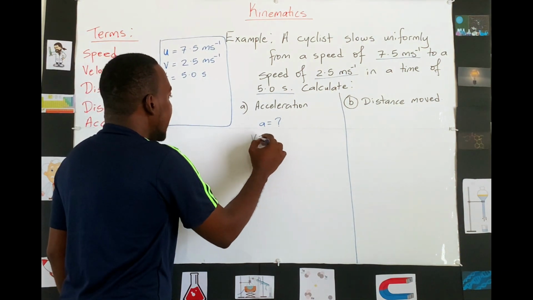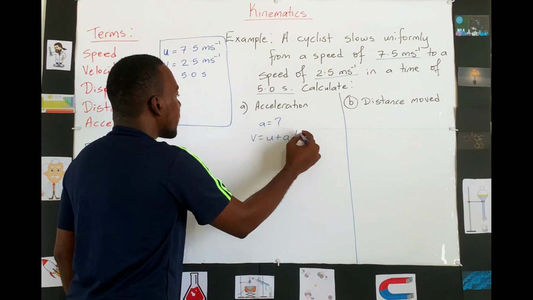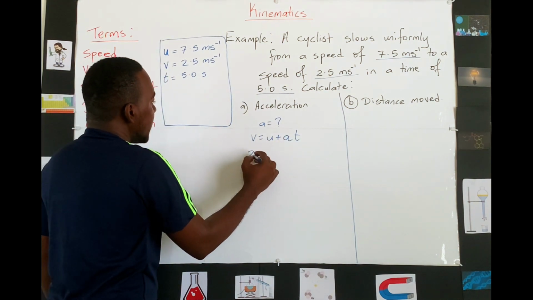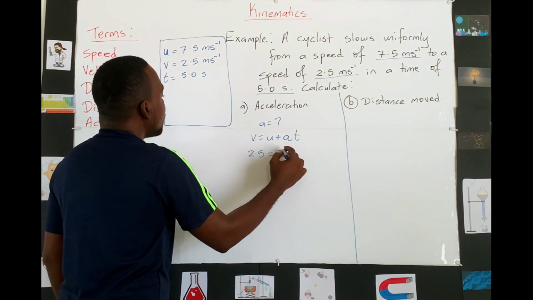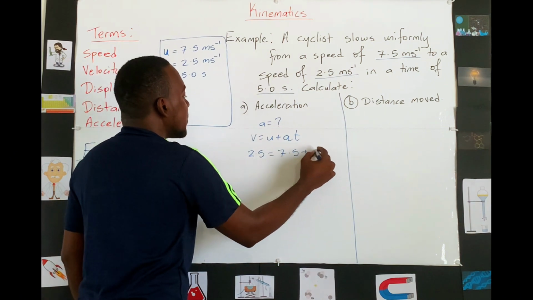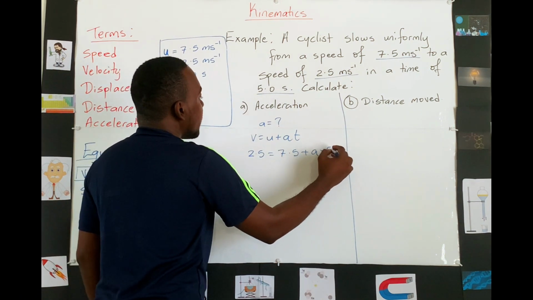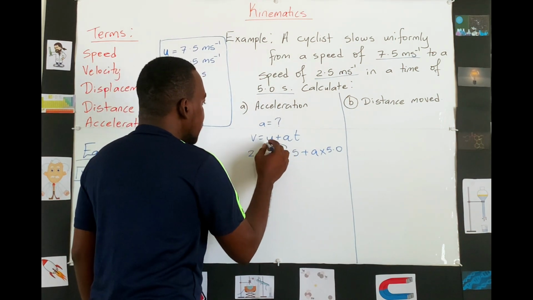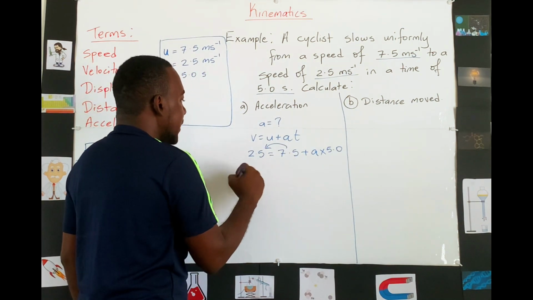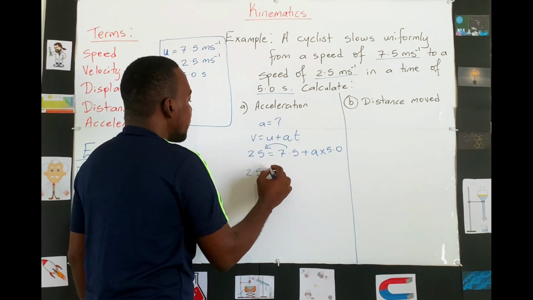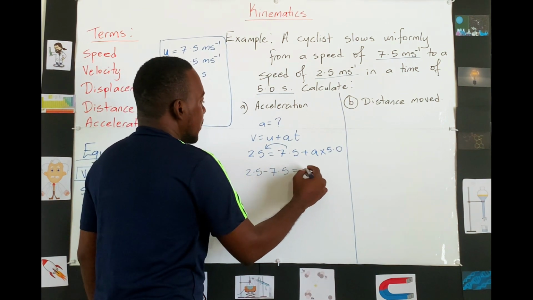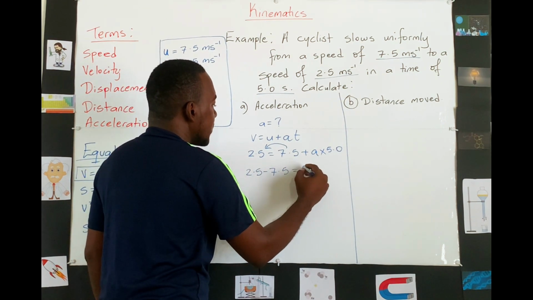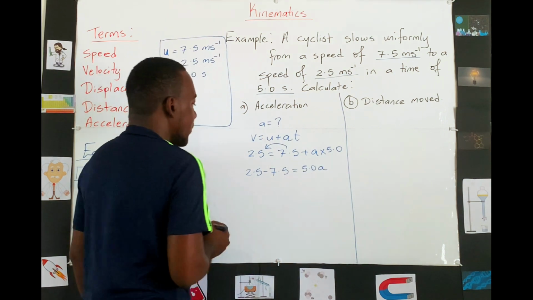So it's V equals U plus AT. We substitute the values: 2.5 equals 7.5 plus A multiplied by 5.0. First thing is to take this over, so it becomes a negative. So it's 2.5 minus 7.5 equals 5 times A, which is 5.0A.